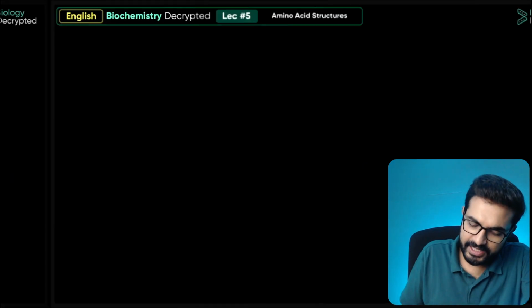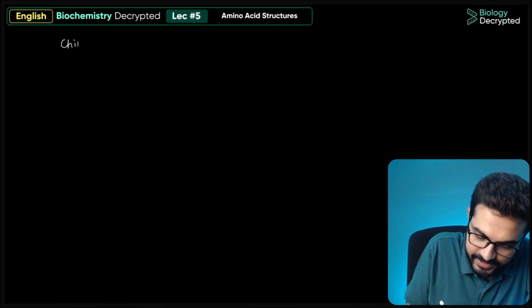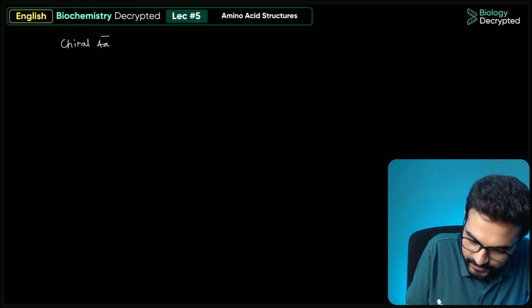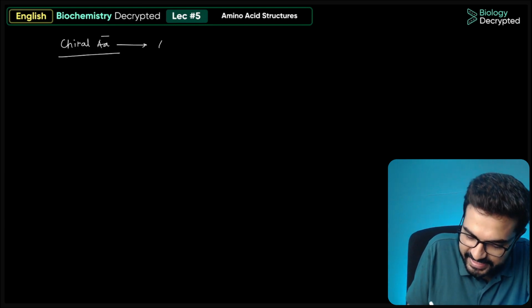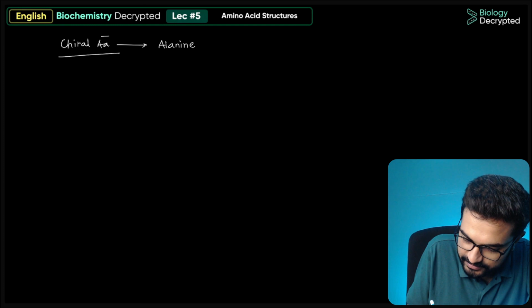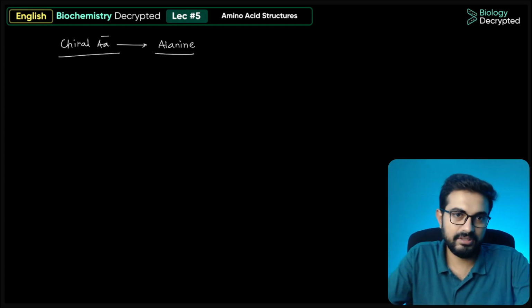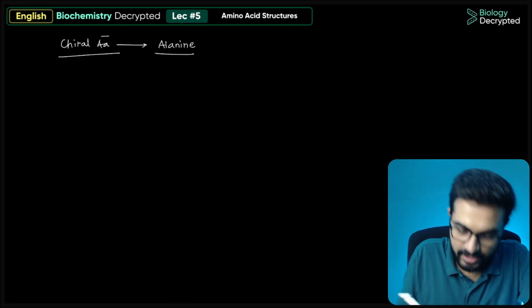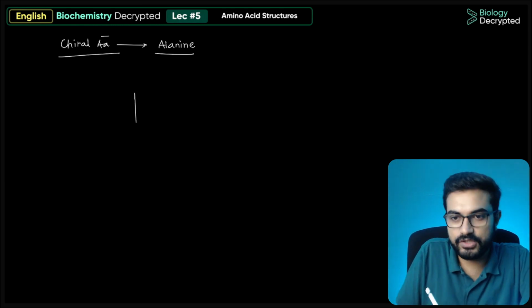But if you take an example of a chiral amino acid, let's say alanine. Alanine is another simple amino acid. Here we can draw the structure of alanine.